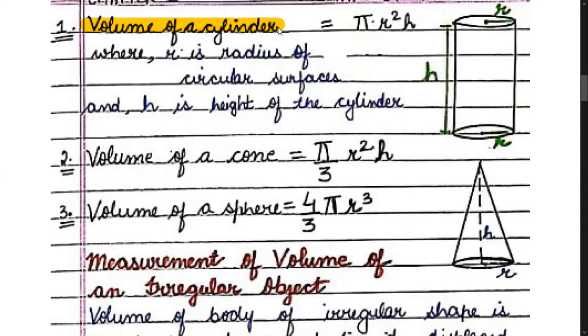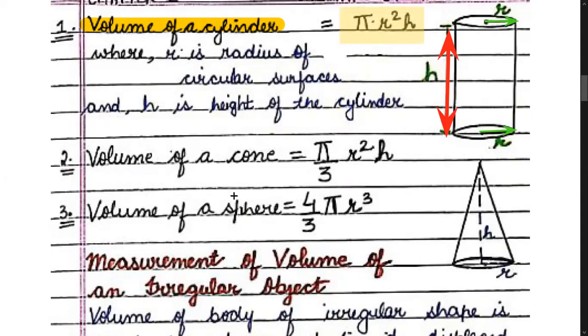So, suppose h is the height of the cylinder while the radius of the circular surface is r. So, the volume of the cylinder can be referred to as pi r square h.